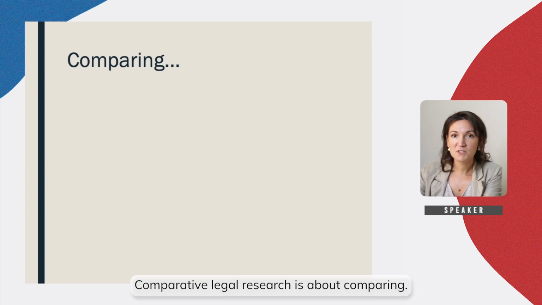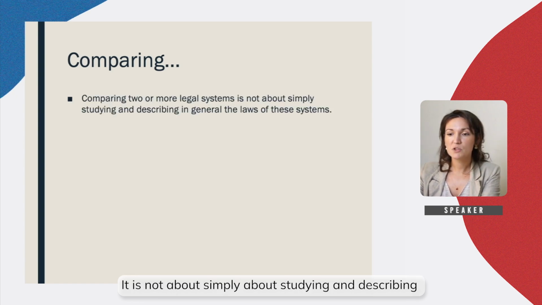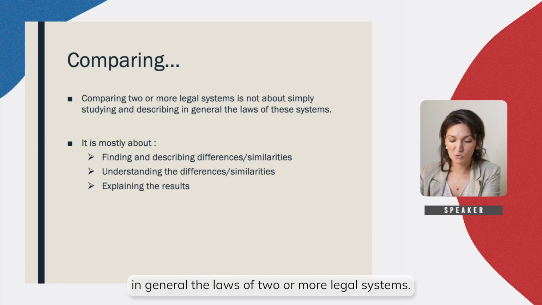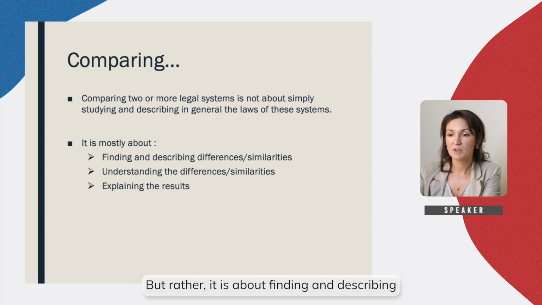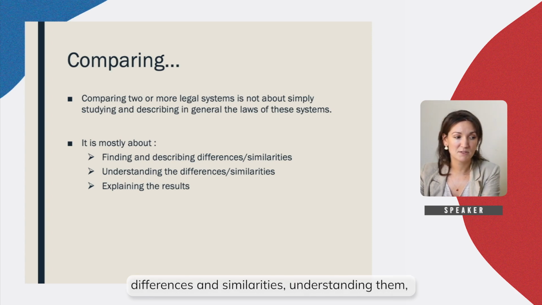Comparative legal research is about comparing. It is not simply about studying and describing in general the laws of two or more legal systems, but rather it is about finding and describing differences and similarities.